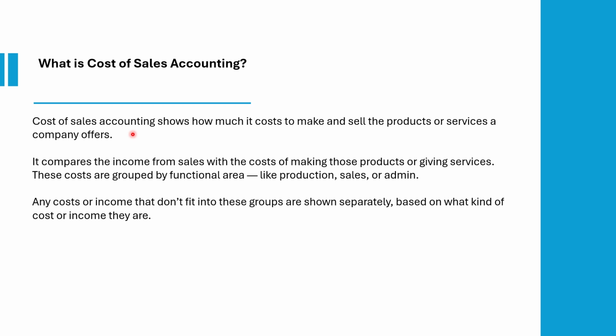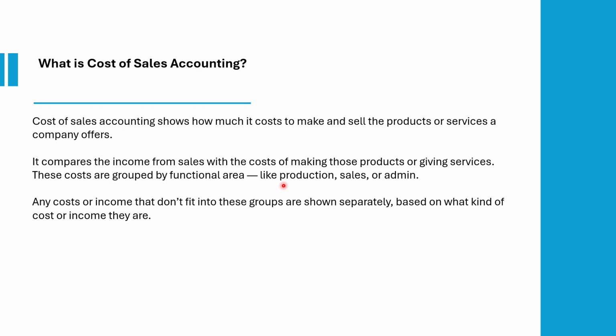They group these costs by the functional area, something called functional area in SAP. The functional areas can be, let's say, a production functional area, or sales function, or admin. This cost can go for goods directly related, right? There can be other costs, like I told you about indirect costs, which will not fit into this, so they will be captured in another way.